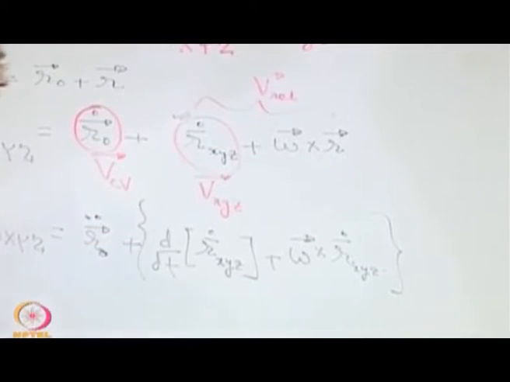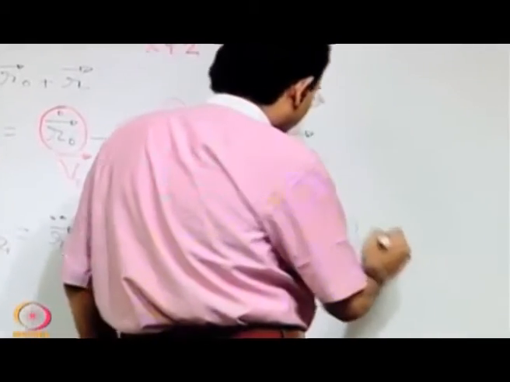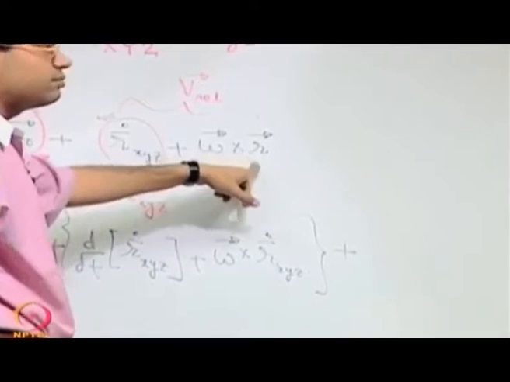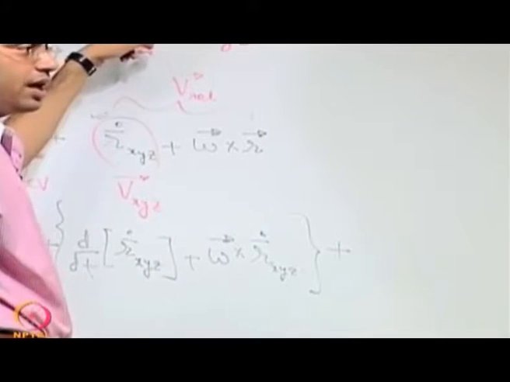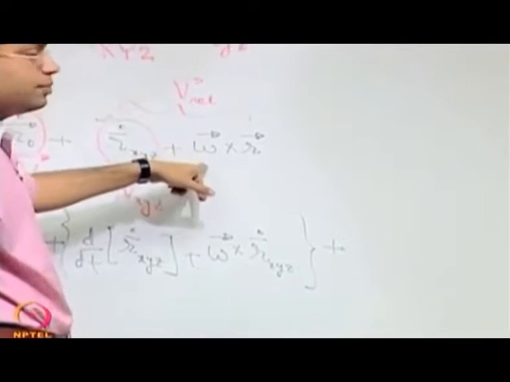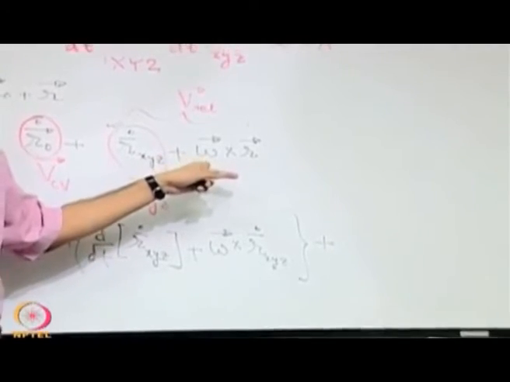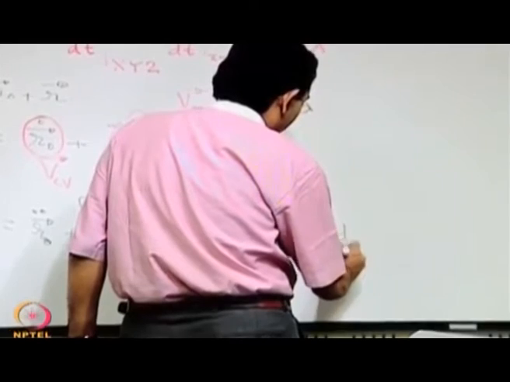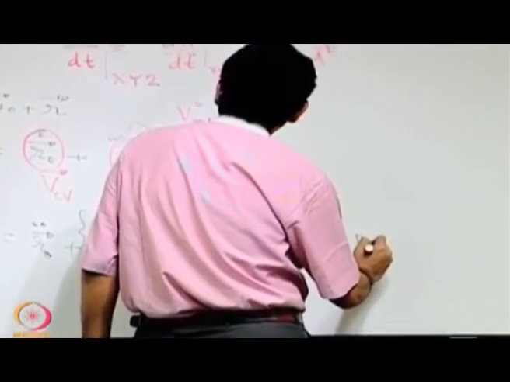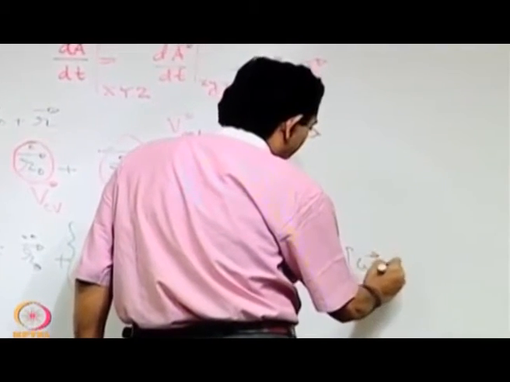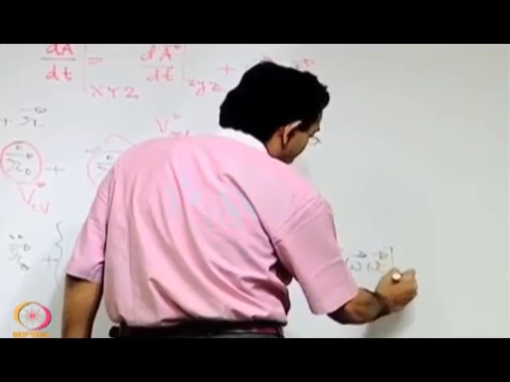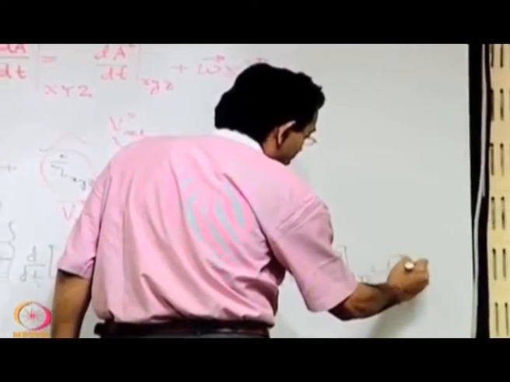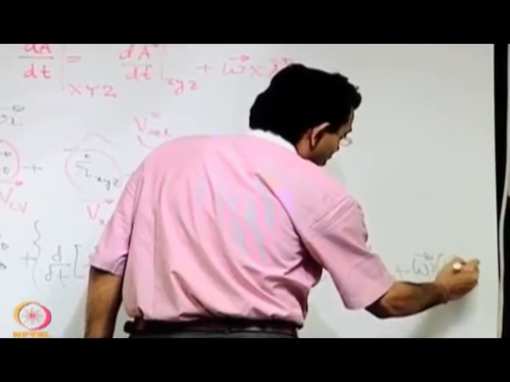For the third term, again the same formula we can apply, capital A replaced by omega cross r. So that will be d/dt of omega cross r relative to small xyz plus omega cross r.